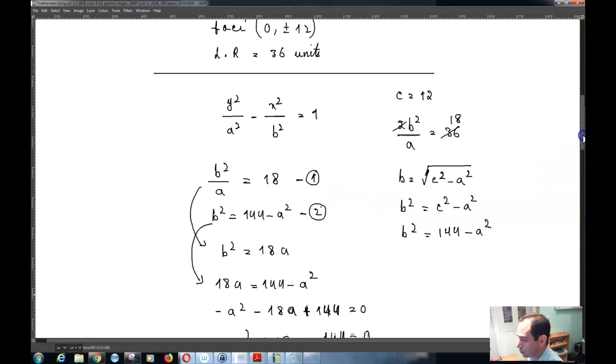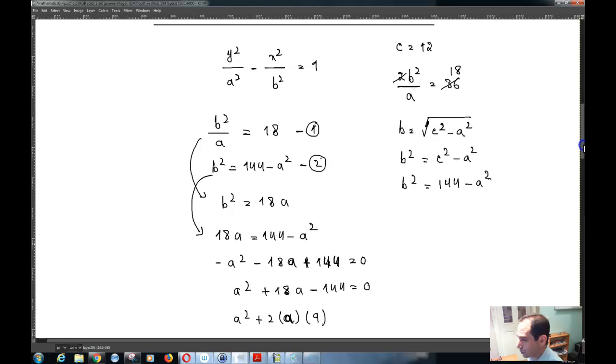There must be something wrong over here. So over here we have b squared by a is equal to 18, and here we said that b squared is equal to c squared minus a squared.